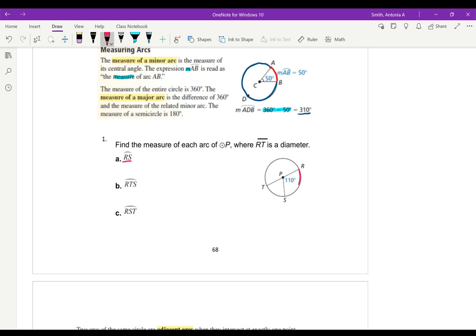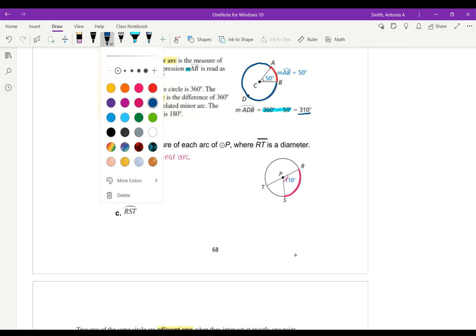From R to S, that's definitely a minor arc because it's not a full half circle. So the measure of arc RS is just going to be however big the angle is. That angle is 110 degrees. And I didn't ask for this, but I'm going to write that this is a minor arc. You can tell because it's less than 180, but you can also tell because it only used 2 letters to name it.